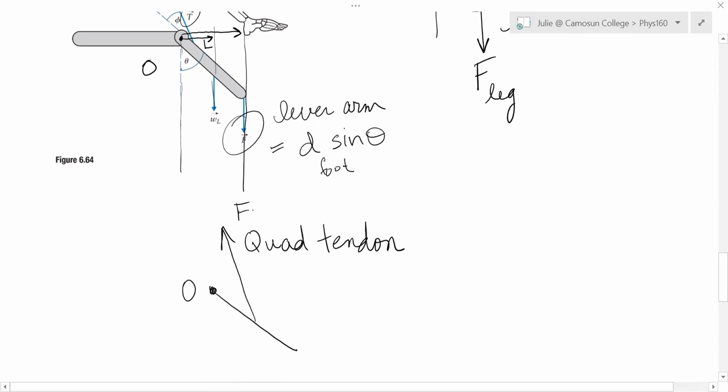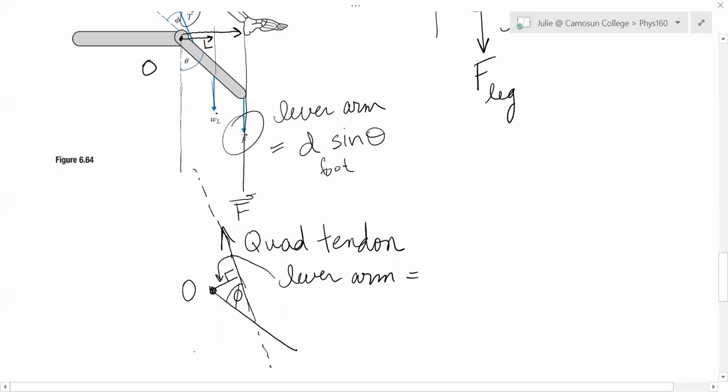Force F. Okay, now the angle that you have, phi, is this one, phi. And the perpendicular, remember this is a line of action of the force. I go from O straight over perpendicular. And so this little guy here is the lever arm. That's what you need to calculate the torque.